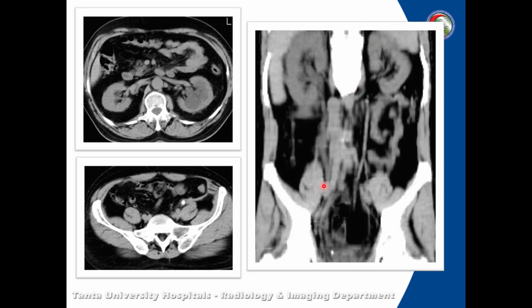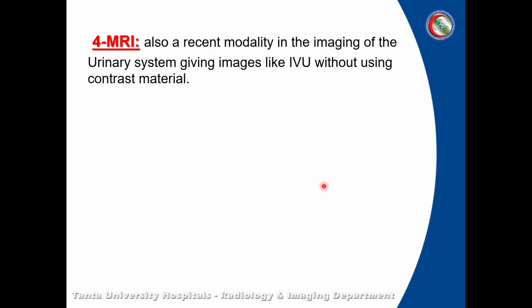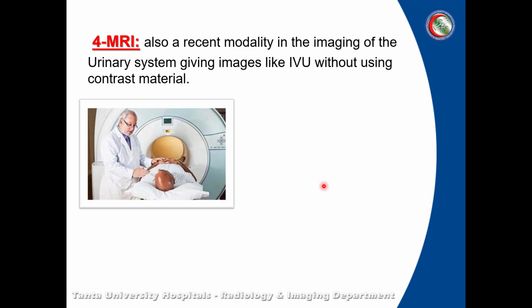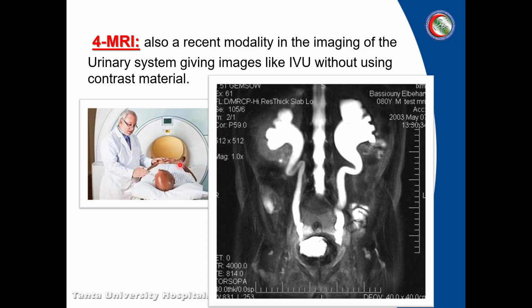right ureter. MRI or magnetic resonance imaging is a recent modality also for imaging of the urinary system. This is the MRI machine, and the patient is introduced into the opening of the machine, and imaging is acquired to give an image like the picture of IVU, but without using any contrast medium.